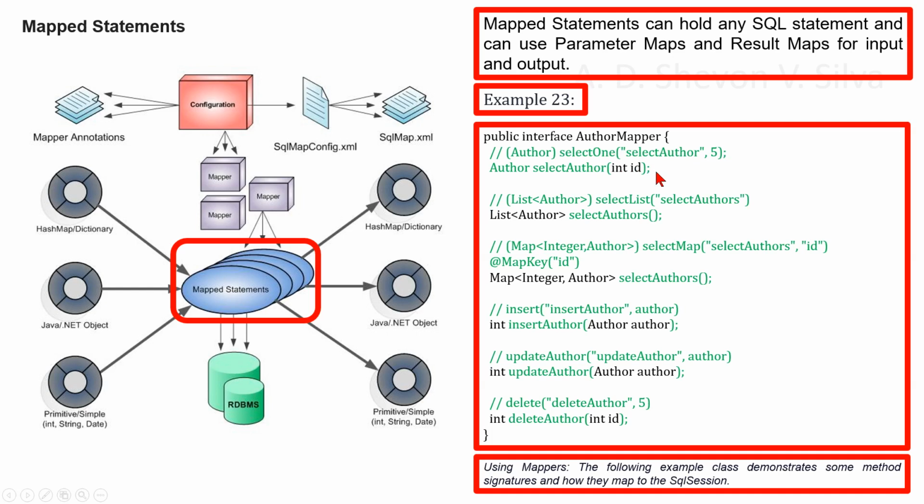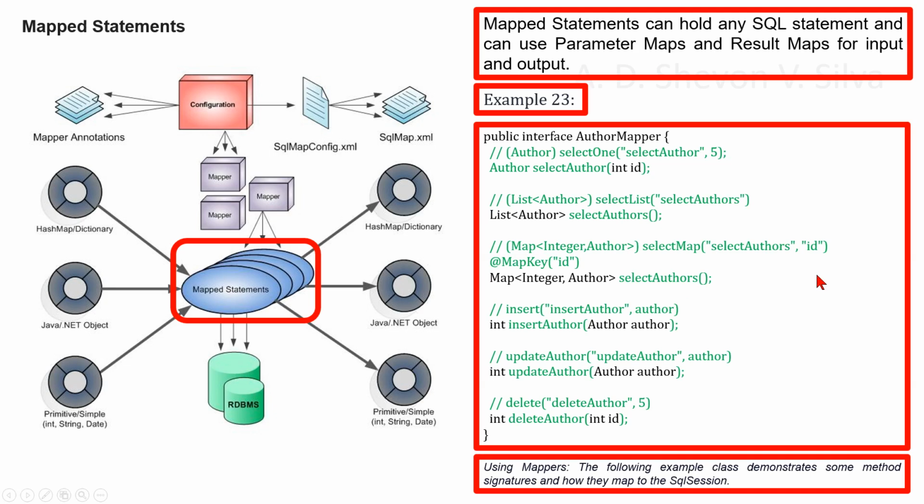Instead, the method name must match the mapped statement ID. In addition, the return type must match the expected result type for a single result or an array or collection for multiple results, or cursor.